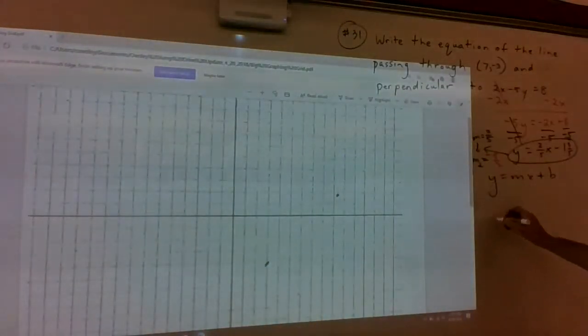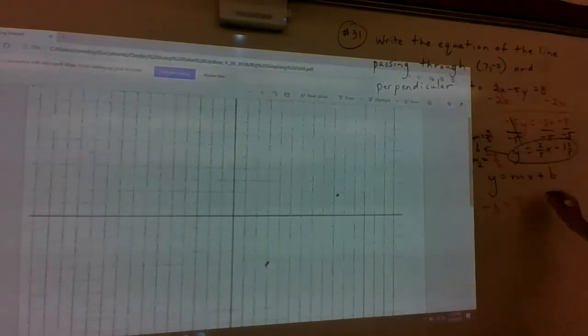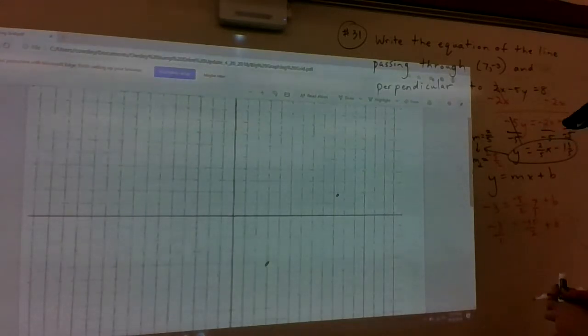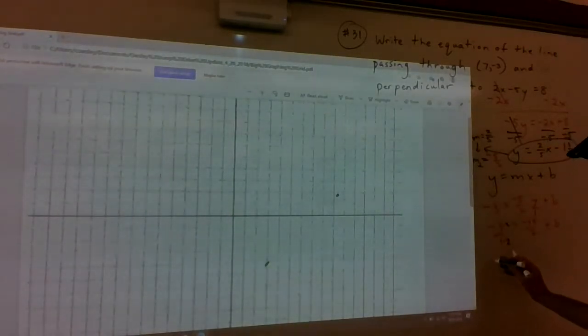y is -3, m is -5/2, times x is 7. You get -3 is equal to -35/2 plus b. I can rewrite -3 with a denominator of 2, so it's -6/2 on the left.